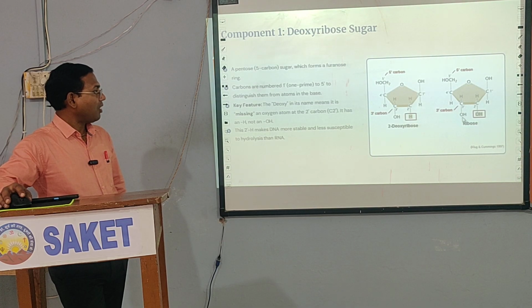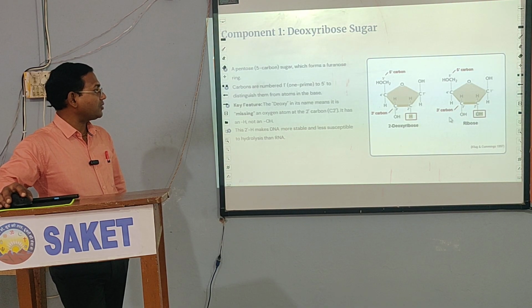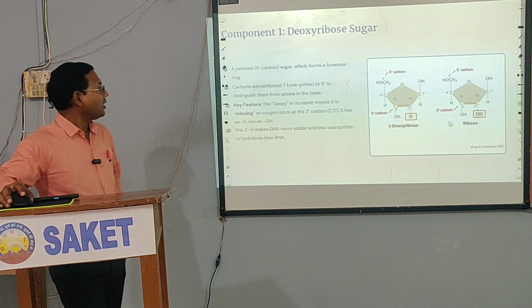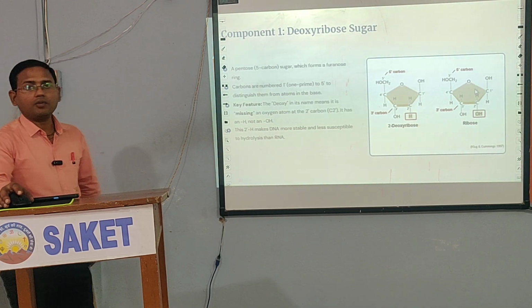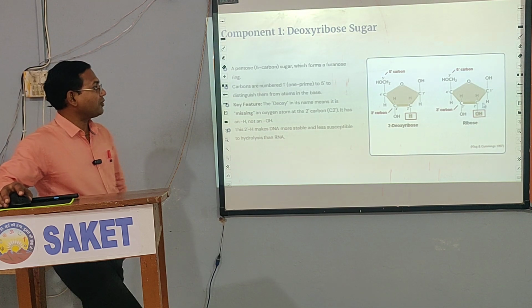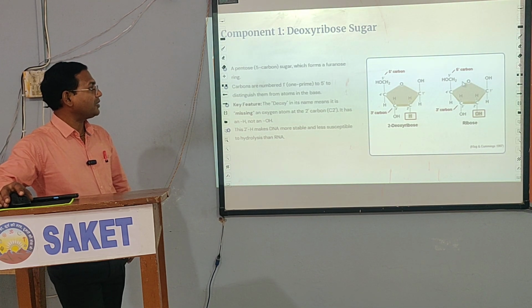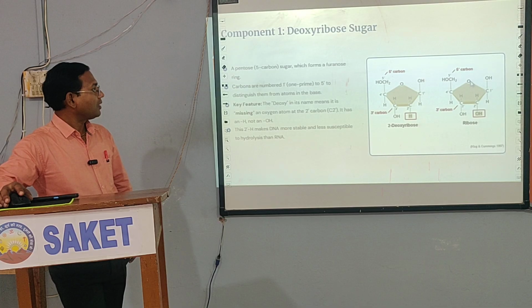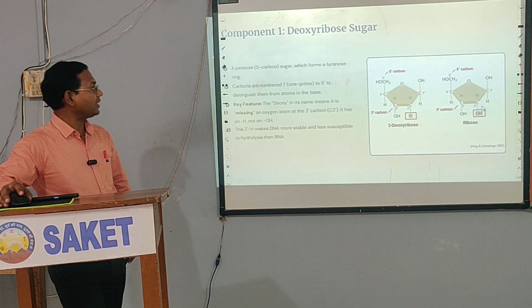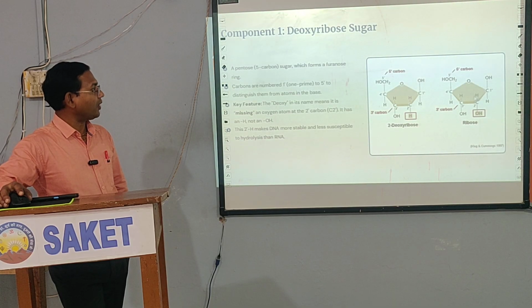When this hydroxyl group is replaced by hydrogen at the second carbon, it is called 2-deoxyribose. The chemical formula of ribose is C5H10O5, and for deoxyribose it is C5H10O4.